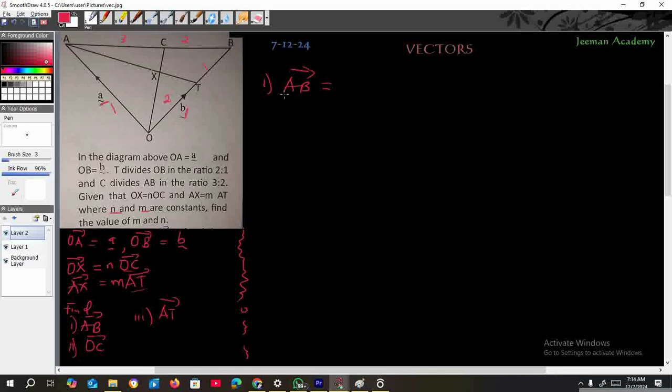So we are moving from A to point B. So this is where we are going. Let me pick a different ink.